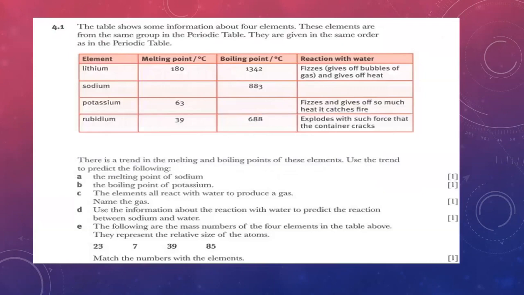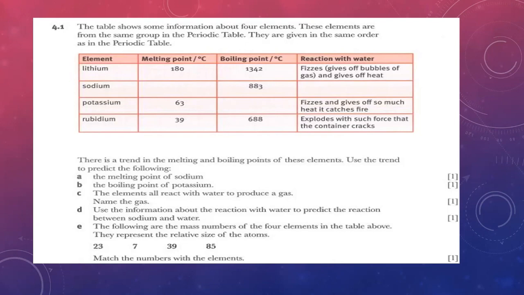Please try to answer these questions on the group 1 elements. In this table, these are elements like lithium, sodium, potassium, and rubidium. It asks you some questions about these elements. There is a trend in the melting and boiling points of these elements.